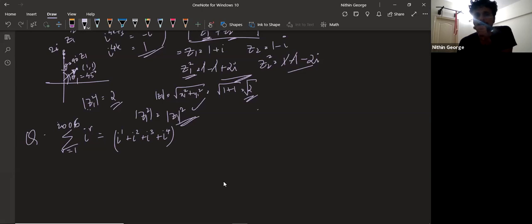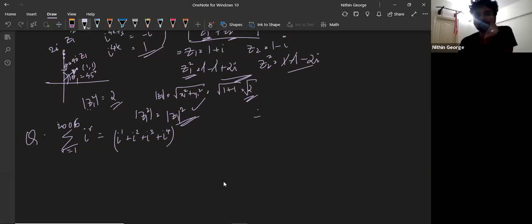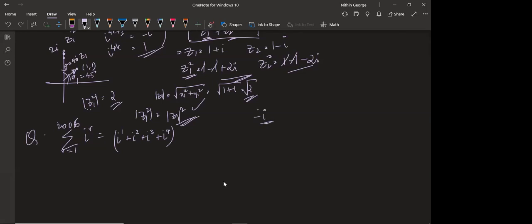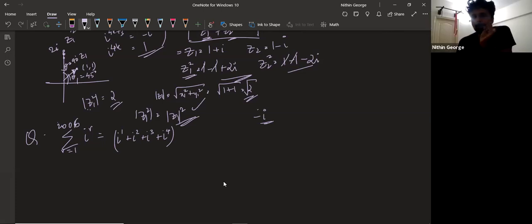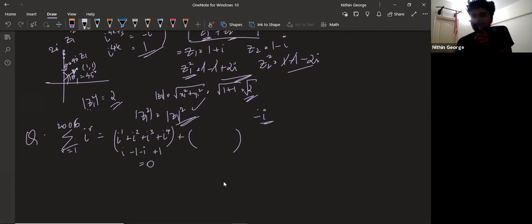So the thing to understand is, look at i power 1 plus i power 2 plus i power 3 plus i power 4. What does this much come up to? I, minus 1, minus i, plus 1. This comes up to 0. So the next 4 also come up to 0 because they are cyclic.